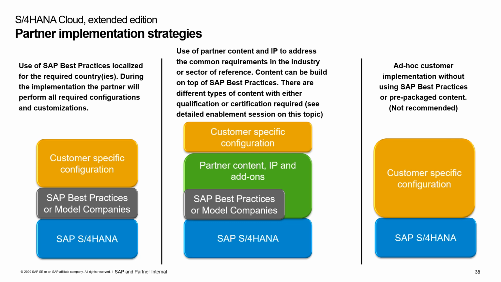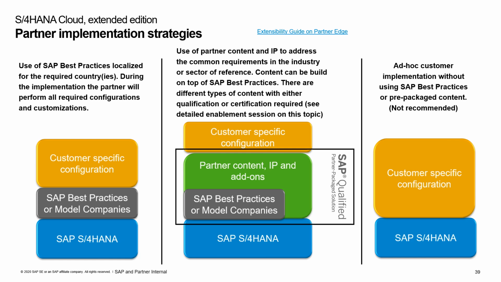And then on top, we see additional customer-specific configurations. This is a great approach as you work with your customers to implement. And I highlight here your SAP qualified or certified partner package solutions. This will lower the TCO and provide a faster time to value for your customer.